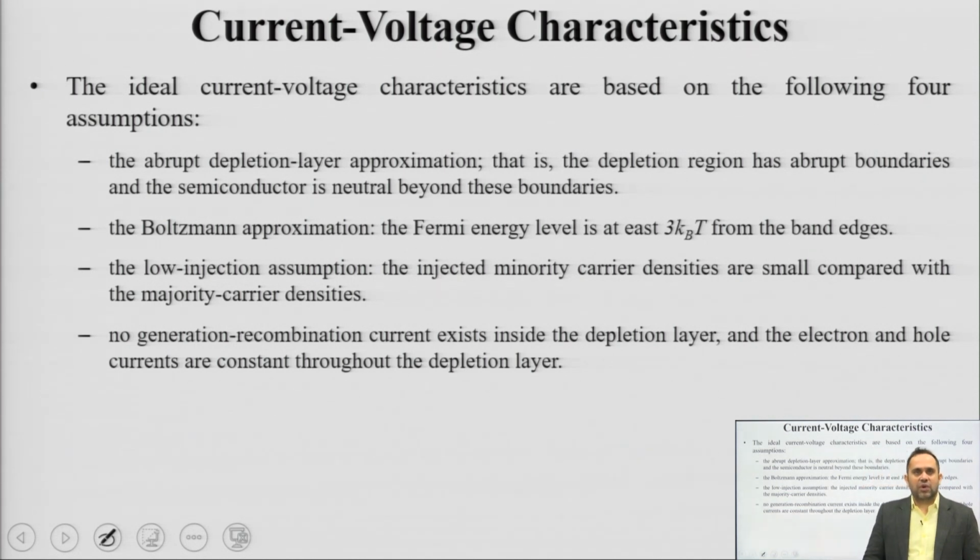We now want to see, since we have introduced the concept of applied voltage, that if the applied voltage is forward or positive, it reduces the potential barrier. If it is negative or reverse, it increases the potential barrier. This built-in potential barrier is what basically stopped diffusion of charge carriers across the PN junction.